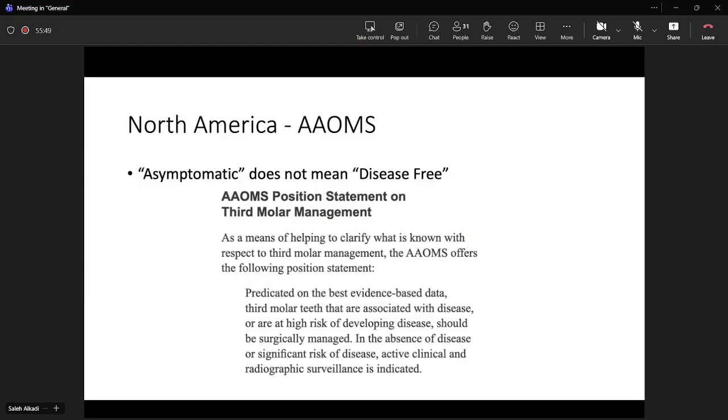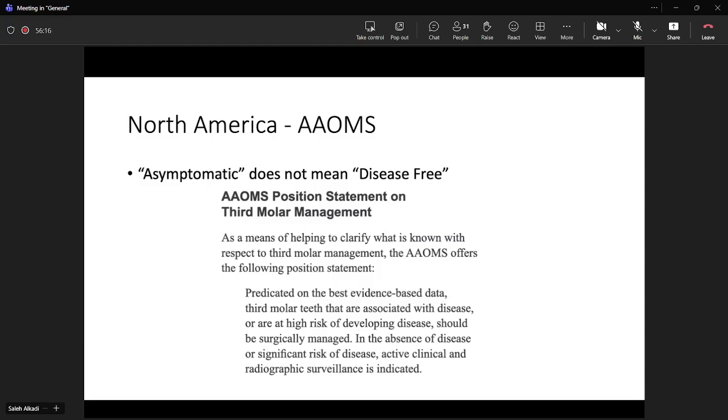If we move to North America and the American Association of Oral and Maxillofacial Surgeons, they say that if a tooth is asymptomatic, that doesn't mean it's disease-free. We know some periodontal disease is not apparent clinically. It's a hidden disease.